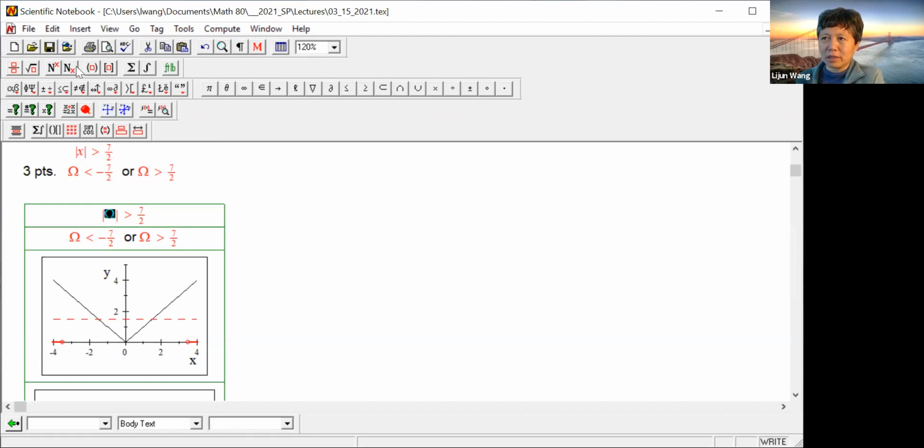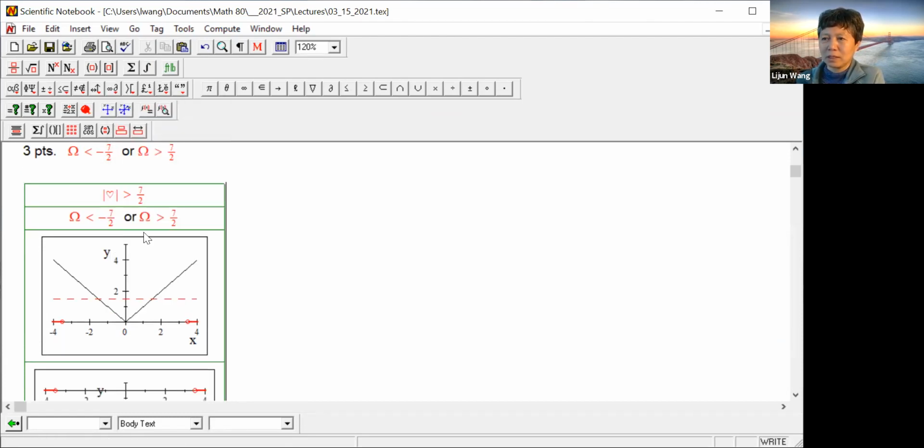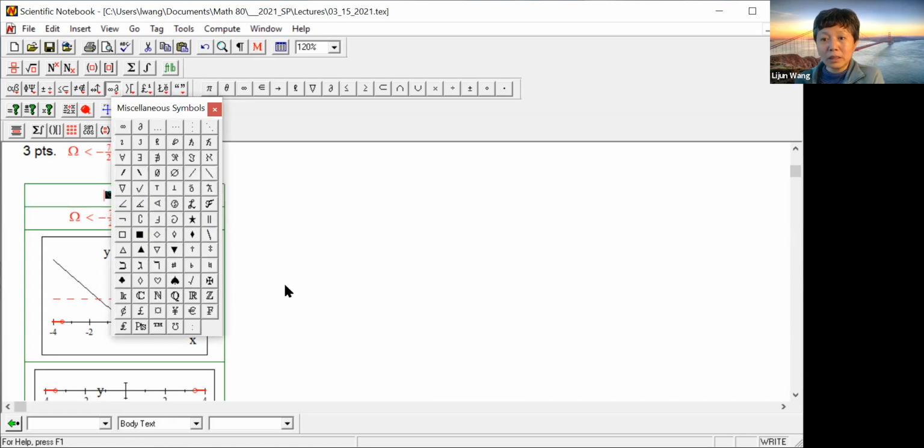I can put a heart there, can't I? I can put any symbol I want. It's a placeholder. It could be any number.